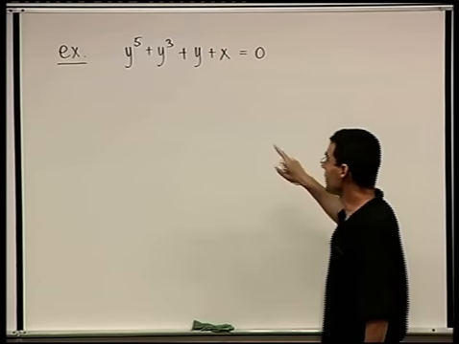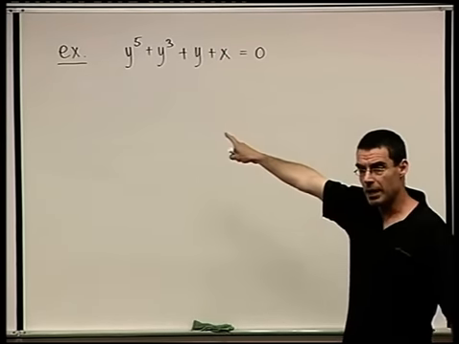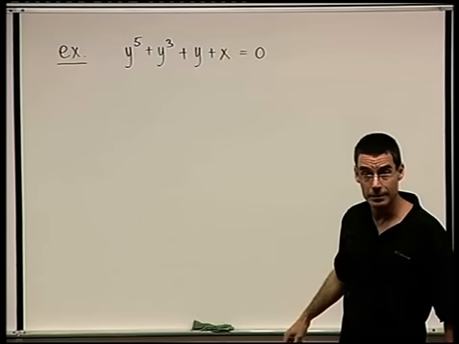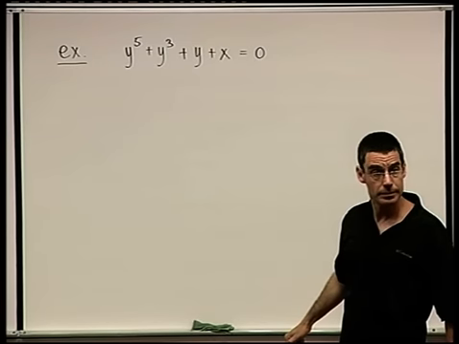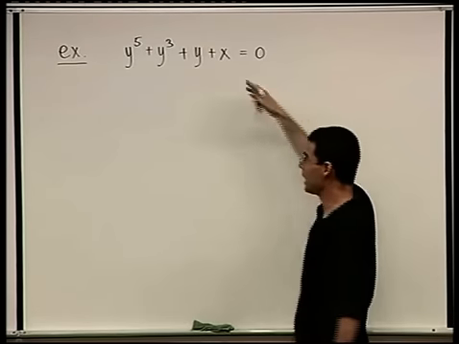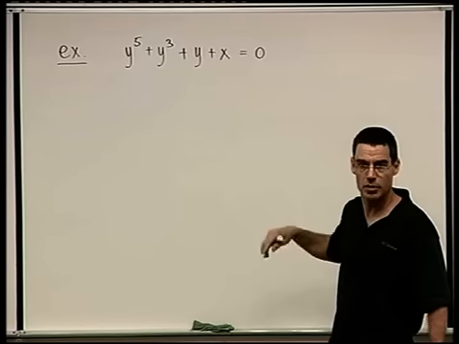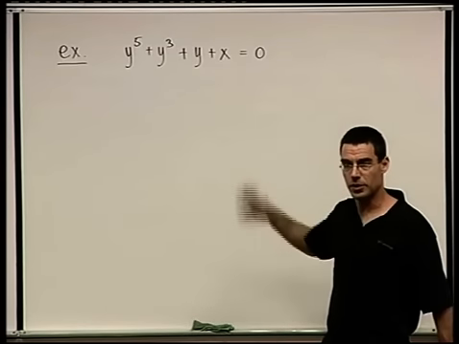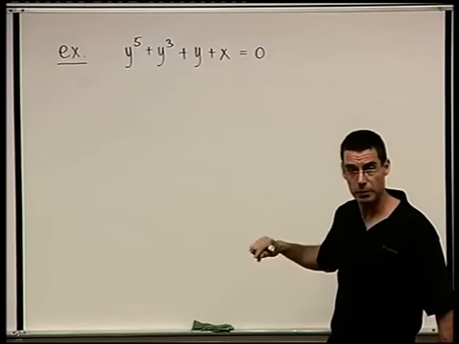So, first of all, can I write this? Can I write x as a function of y? That's easy, right? I just throw all the y's to the other side, and I have x equals some function of y, minus y to the 5, minus y to the 3, minus y, right?